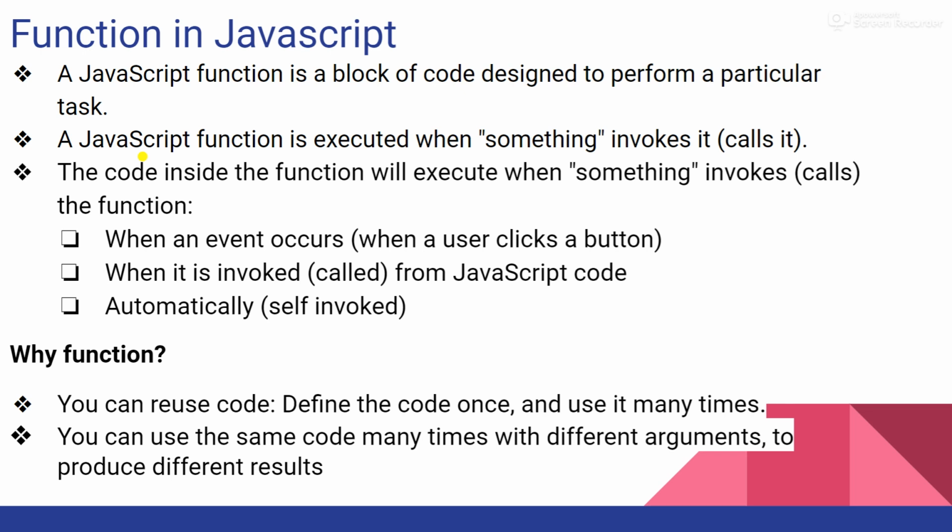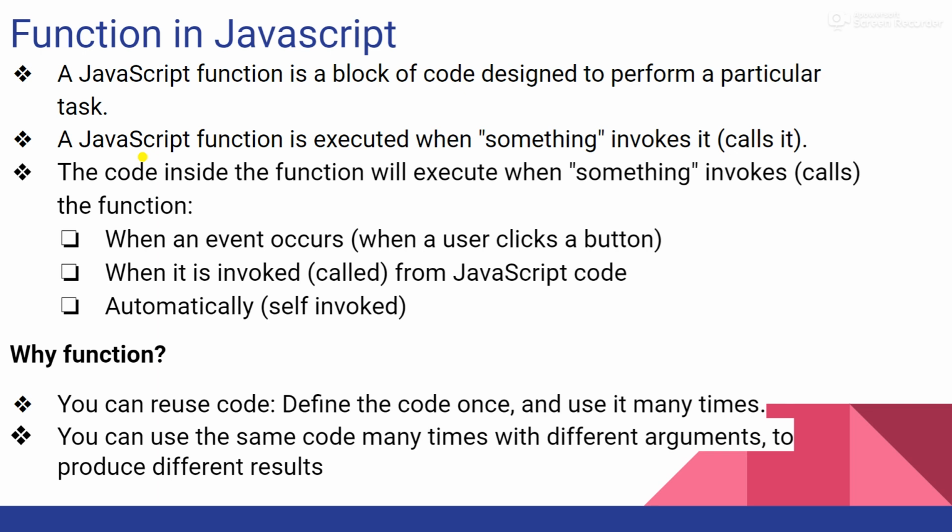A JavaScript function is a block of code designed to perform a particular task. So we have seen that a function is nothing but something that performs some particular task. Some task will be assigned to it, and if you want to perform that task, you simply call that function. A JavaScript function is executed when something invokes it.